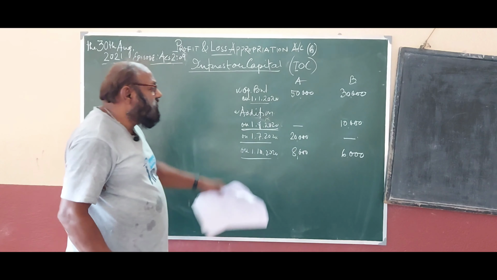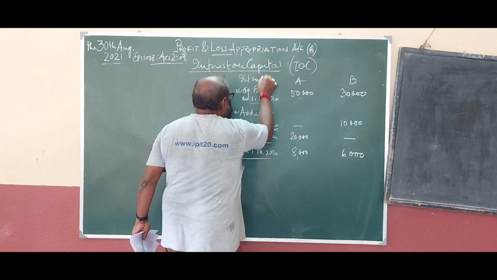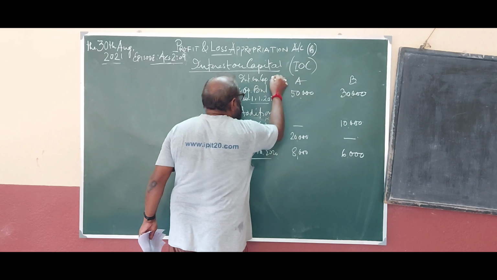So friends, this is the capital position, and your task is to find out the interest on capital, IOC, at the rate of 10% per annum.